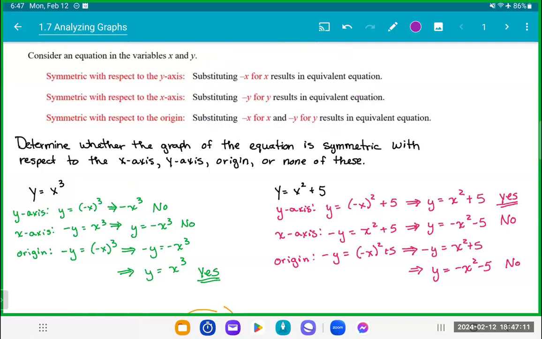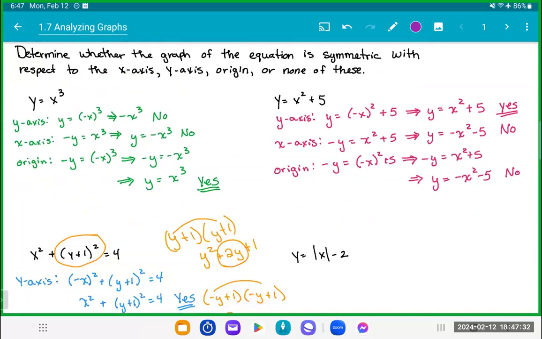I'll give you a couple of minutes, and when you come up with an answer, you can put it into the chat, to say, oh, I think it's symmetric with respect to the origin or whatever. The problem again is y equals the absolute value of x minus 2.